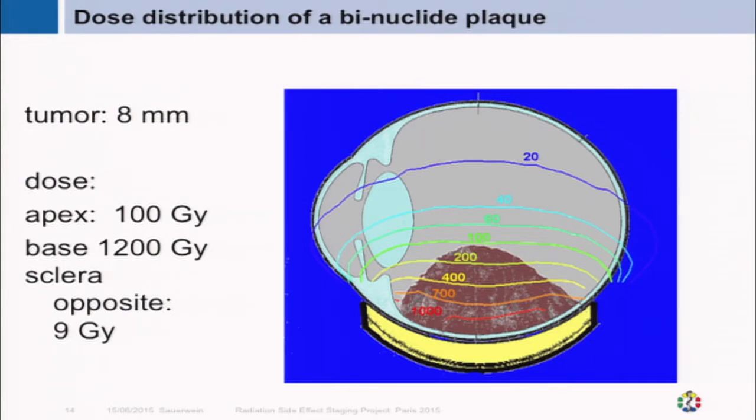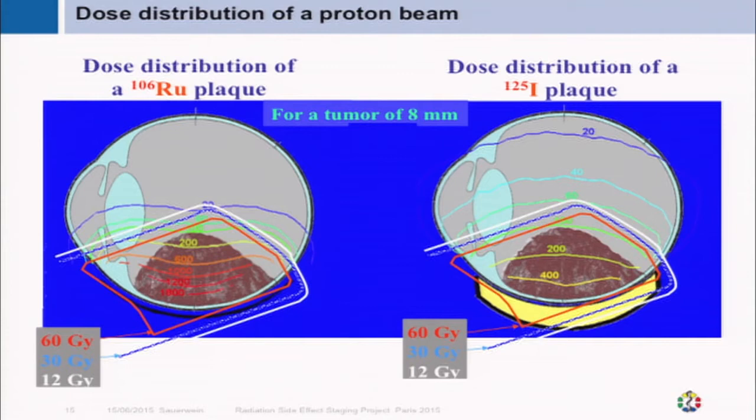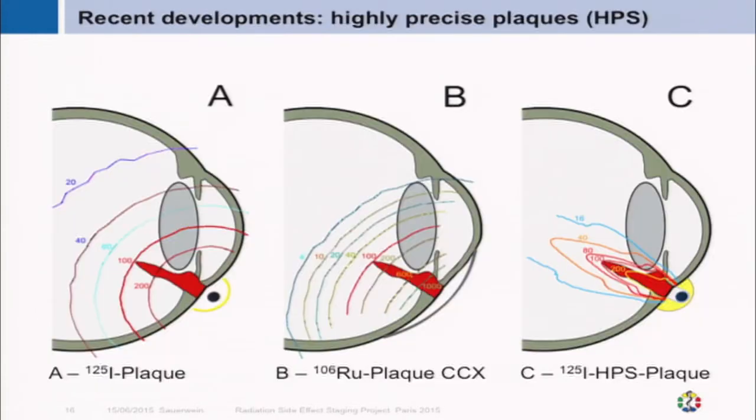You have increased the dose to the tumor as compared to an iodine plaque. If you look at something else, now protons, then you realize you are irradiating something which is outside of the eye. And if you look to the future, these are new designs for highly precise plaques where we can reach such kind of dose distributions.